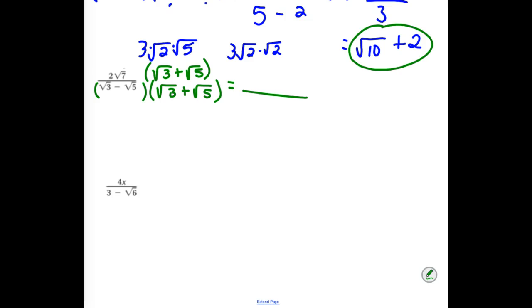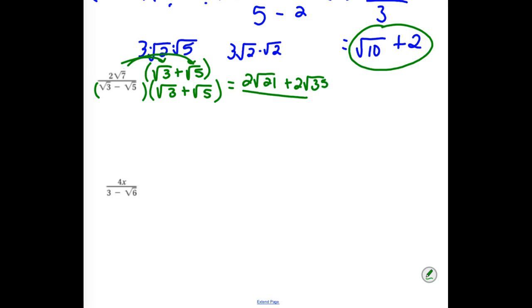Let's look at the numerator. 3 root 7 times root 3. What are we going to get? Root 7 times root 3 would be 7 times 3, guys. 21. So 2 root 21. Okay. Distributing to the next part. What is root 5 times root 7? Okay. So we're going to get 2 root 35.